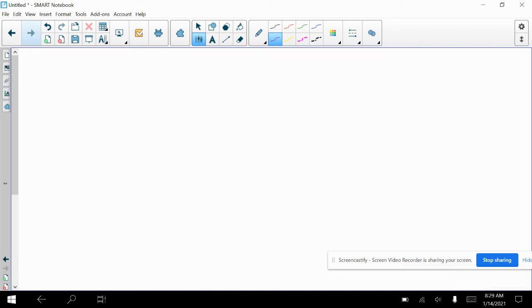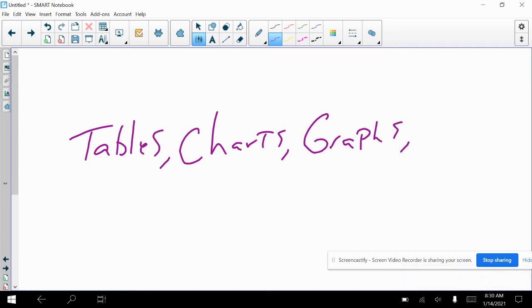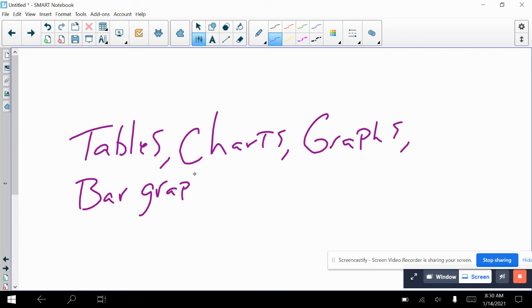Okay, if you're looking in your book, though, they're going to give you your data in tables, charts, graphs, bar graphs, pictographs, line plots.